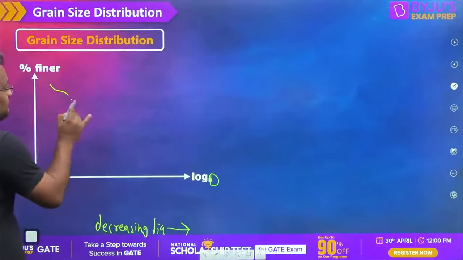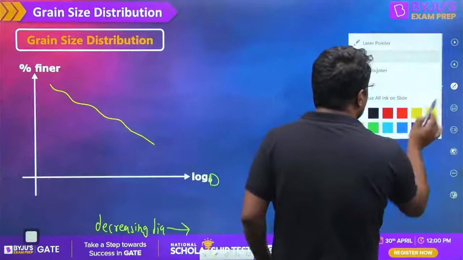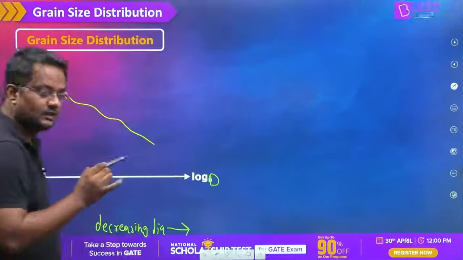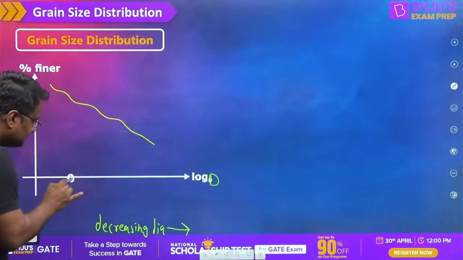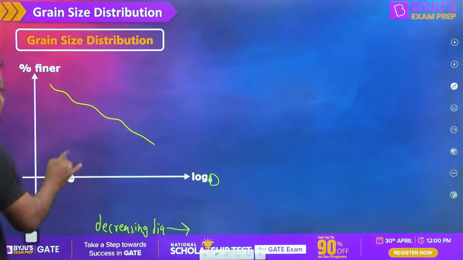The graph will be something like this. The reason also I am telling you. It is quite obvious that when the diameter is bigger, the percentage finer will be more.